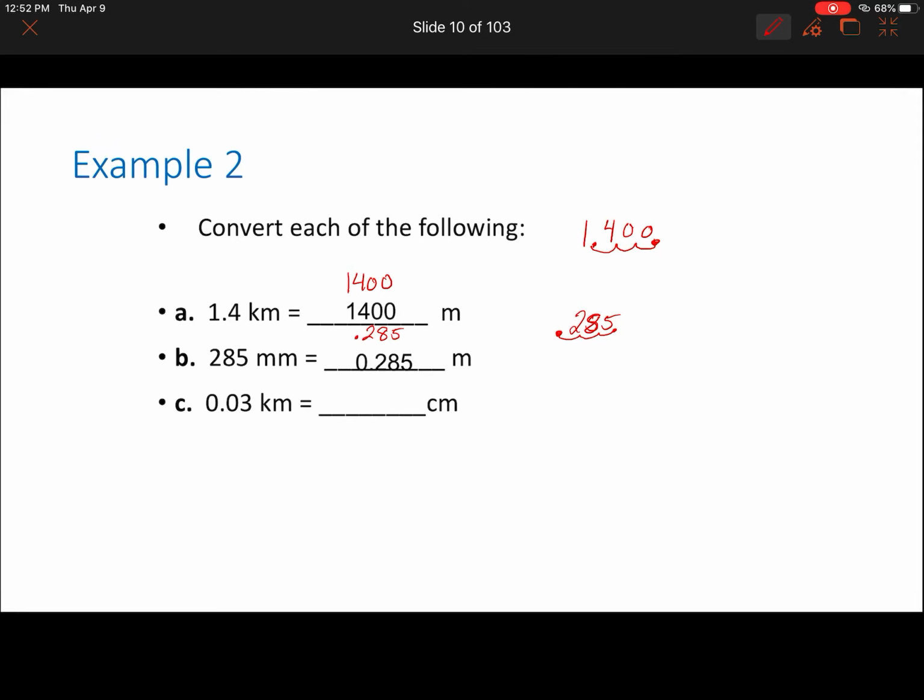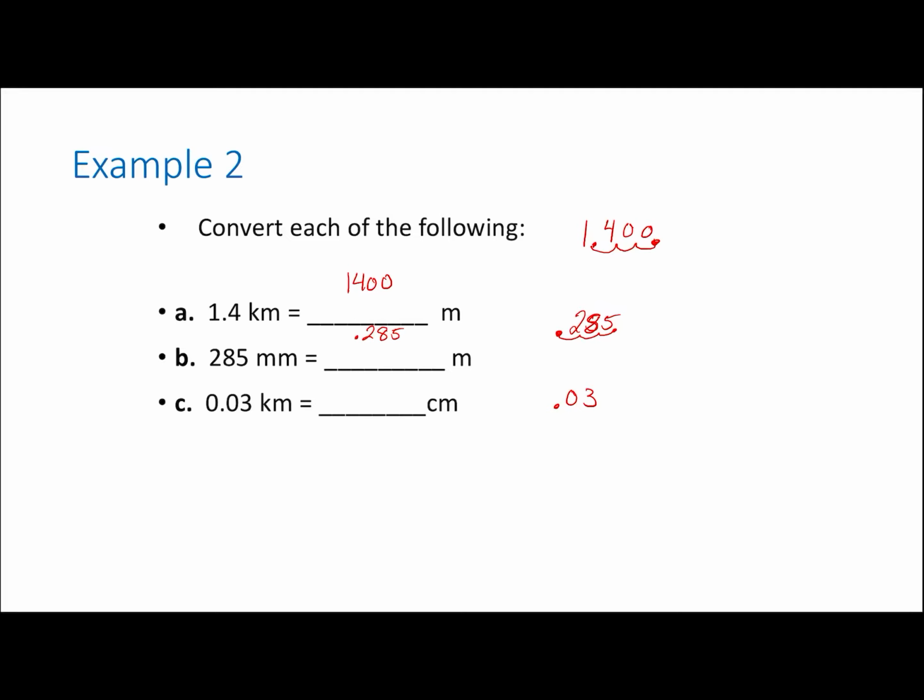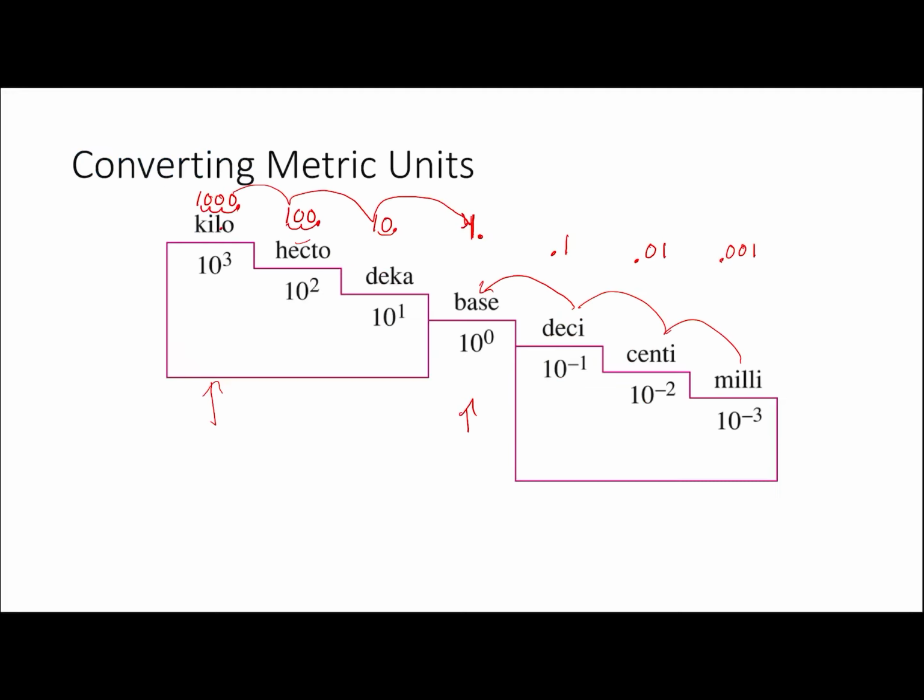And now look at this one. We want to go from 0.03 kilometers to centimeters. Now, again, go back. I like this chart here. So from kilometers here to centimeters, well, that's 1, 2, 3, 4, 5 units that we need to move our decimal. Again, moving it left.